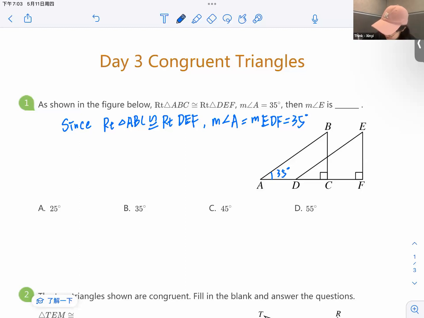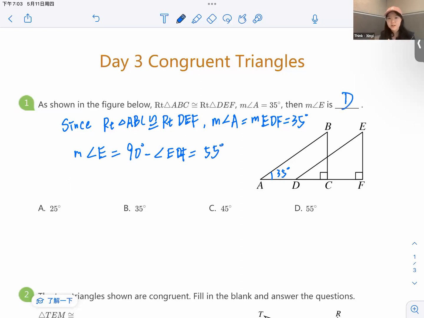And so we have angle E equals 90 degrees minus angle EDF, so that equals 55 degrees, which is choice D.